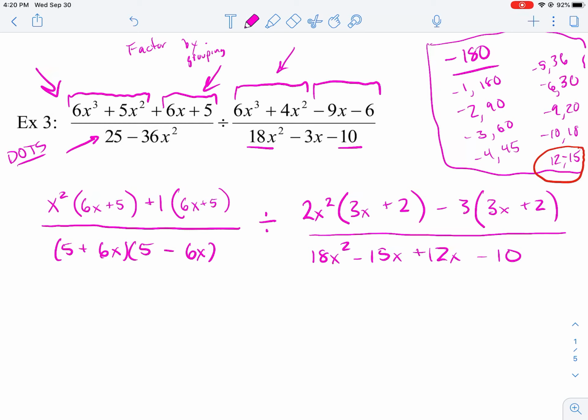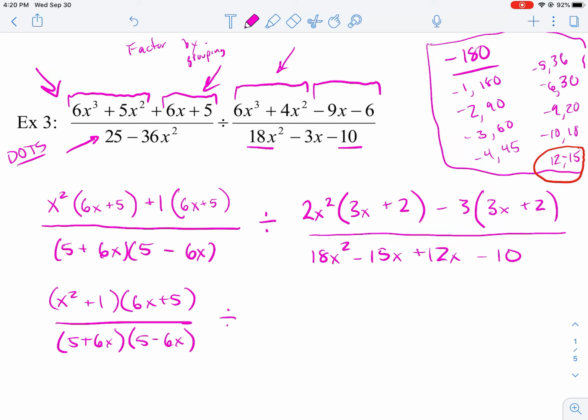Now let's shorten some things up here. If we look at this first one, I have x squared plus 1, 6x plus 5, 5 minus 6x, all divided by 2x squared minus 3, 3x plus 2.